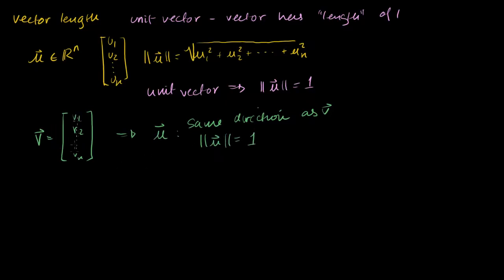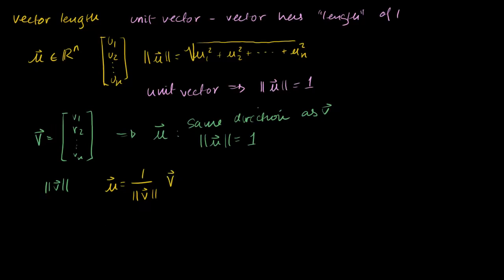Well, what I could do is take the length of v. I could find out what the length of v is, and we know how to do that. We just apply this definition of vector length. And what happens if I figure out the length of v, and then multiply the vector v by that? So what if I say u is equal to 1 over the length of v, times v itself? What happens here?